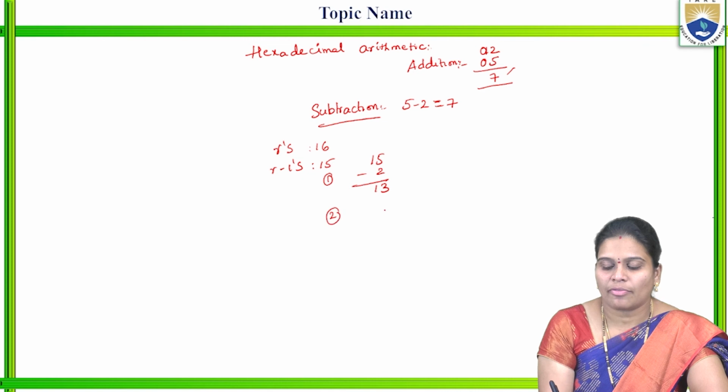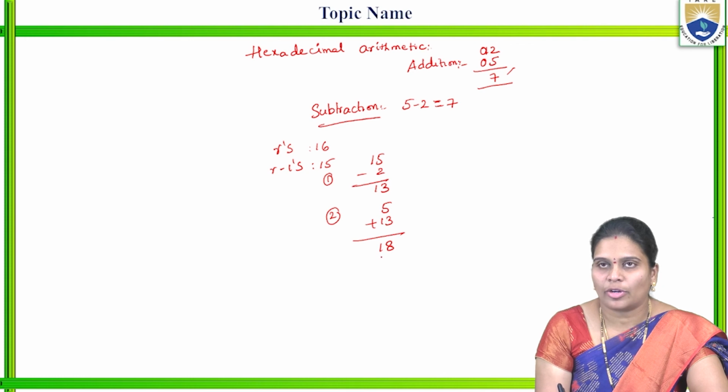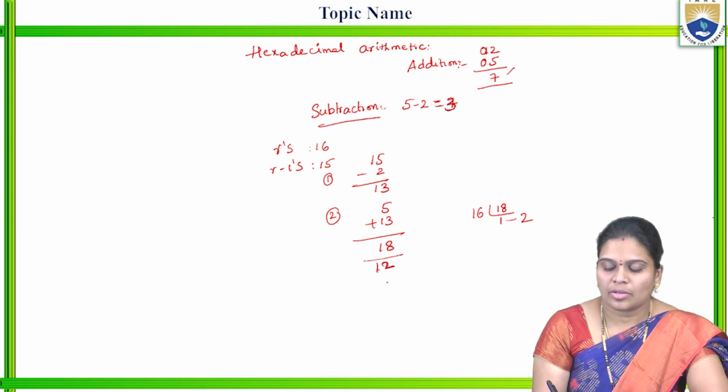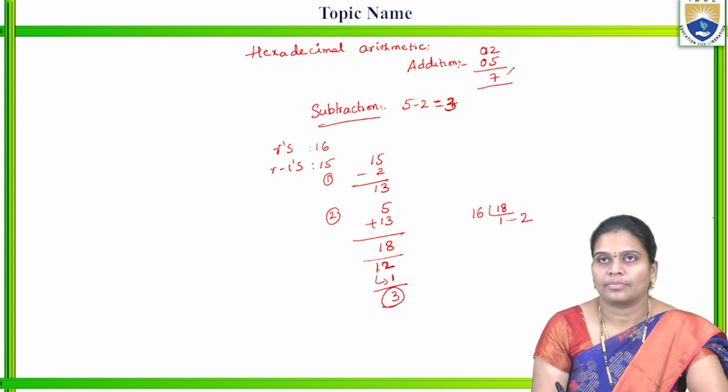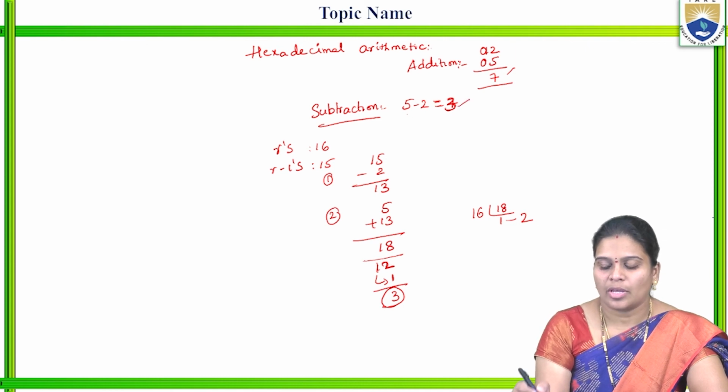Second, 5 plus 13 is 18. 18 is not included in this hexadecimal value, so it is converted into hexadecimal value 12. The carry is present, so we ignore it and get 3, the same resultant value.